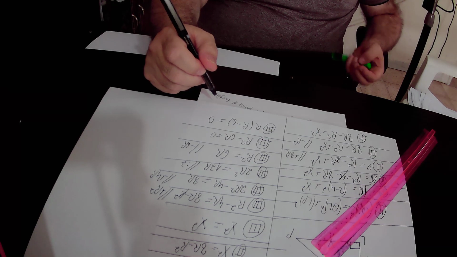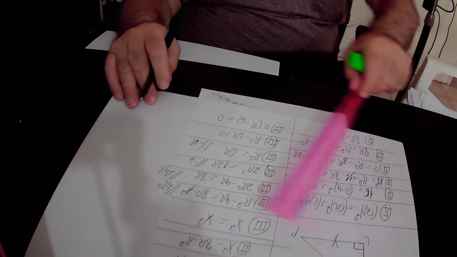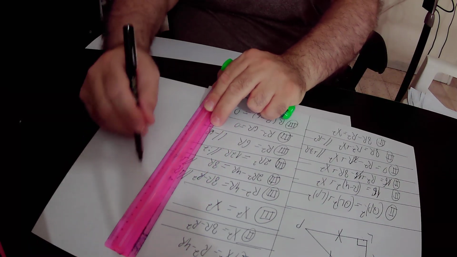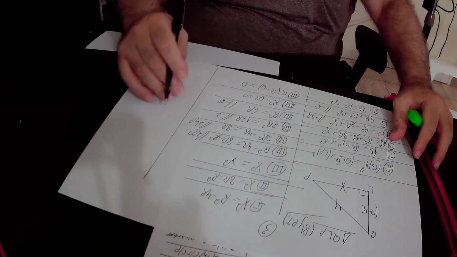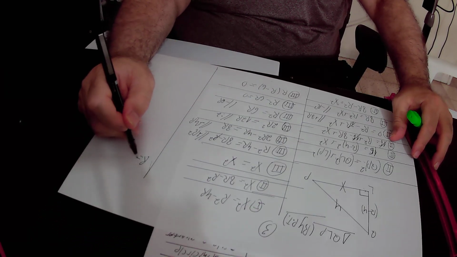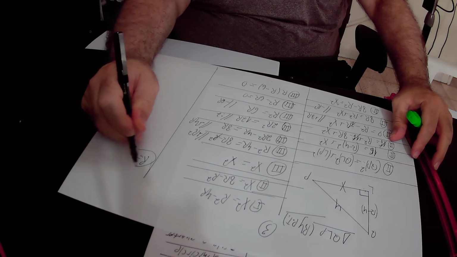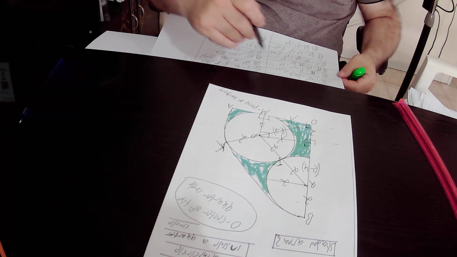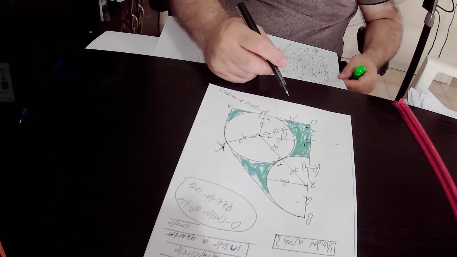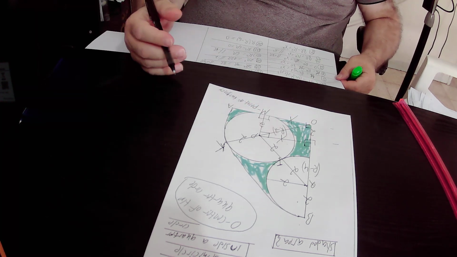So here we will have two possible solutions for R. The first solution is that R equals 0. But because R is the radius of this quarter circle, it must be a positive number.